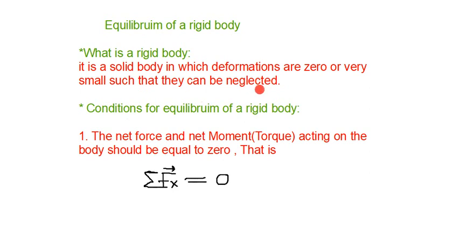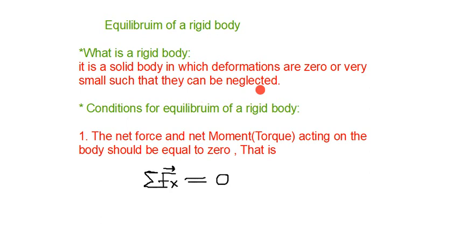But what does it mean for a rigid body to be in equilibrium? All it means is that there is no net force acting on that body and there are no net moments or torques acting on that body.